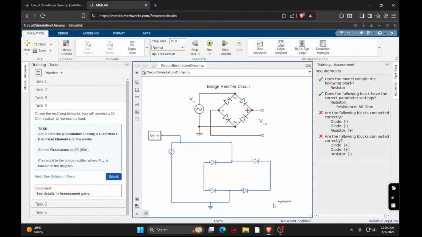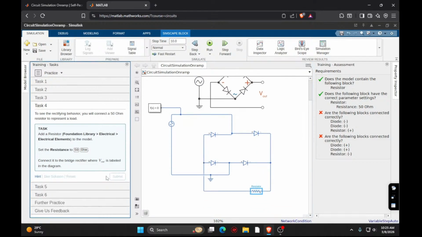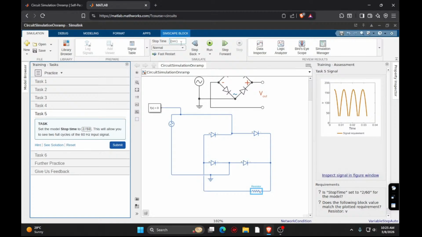Diode minus, resistor plus. Resistor plus, and the simulation time has to be set around 2 by 60.